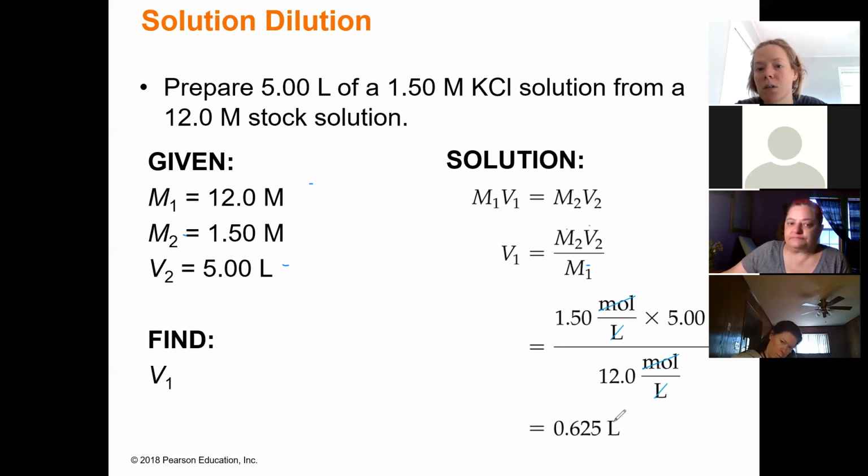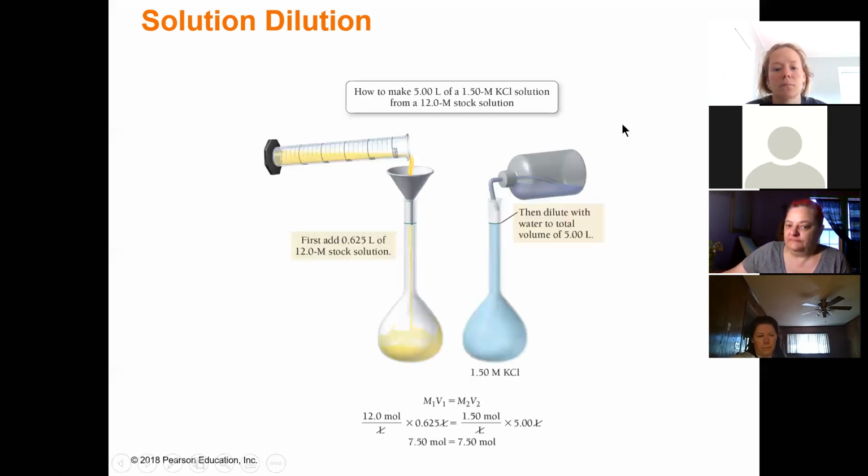So what you would need to do is measure out 0.625 liters of this 12 molar stock solution and dilute it down to 5 liters, and that would give you exactly this concentration. So here they are first adding the 0.625 liters of the concentrated stock solution, then they add the water, and then they dilute.